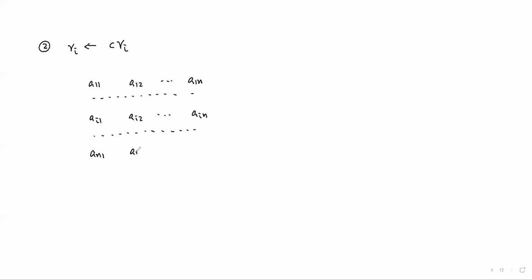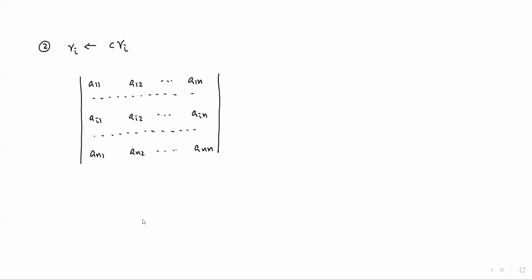Say a number times row I gives a new row; replace the old row I by the new row I. Here: A11, A12, A1n, row I: AI1, AI2, AIN, the bottom row ANN. The determinant is a number.